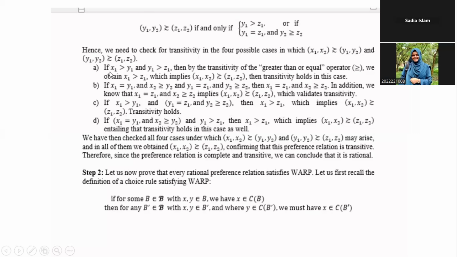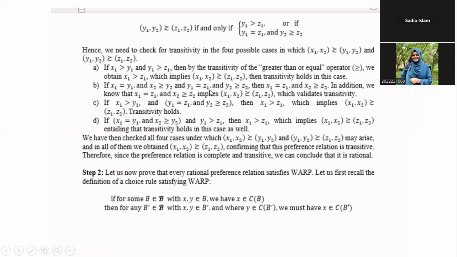Let's see. First one: x1 greater than y1 and y1 greater than z1. We can say that the quantity x1 is greater than z1. In the second case, we write that x1 equals y1 and x2 is greater than or equal to y2, and y1 equals z1 and y2 is greater than or equal to z2, then we can say that ultimately x1 equals z1.